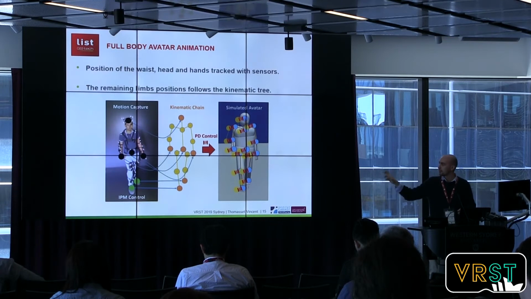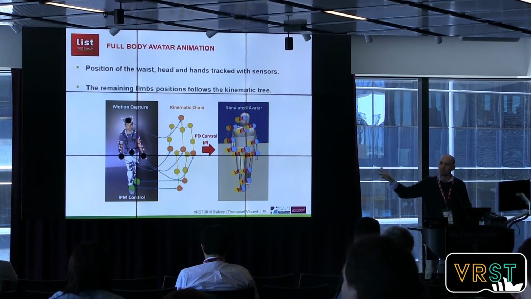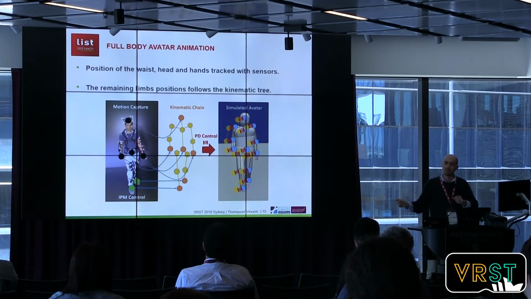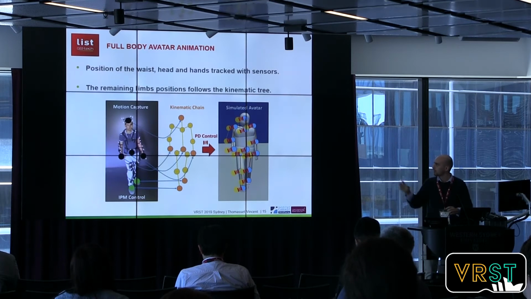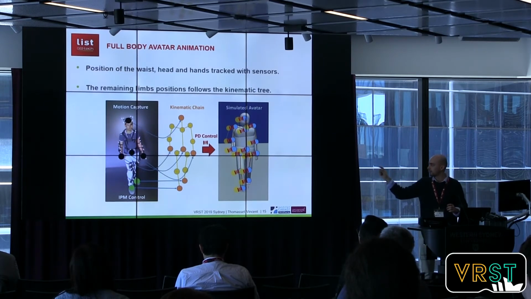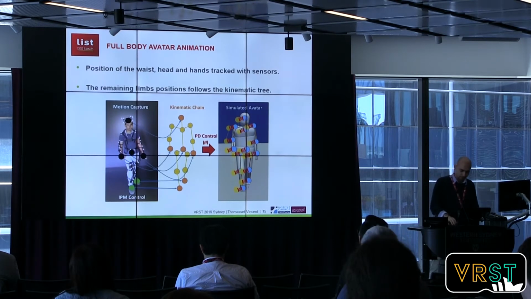The positions of the main limbs, so the hands, the head, the waist, and the legs, are input for a kinematic chain, and when those main limbs are moving, the full kinematic tree is moving, and it moves the rest of the limbs, like the elbow or the knee, which are forced to follow the main limbs. All those positions are input in the simulated avatar with a floating waist, and are forced onto the avatar with a PD control to follow all those positions.